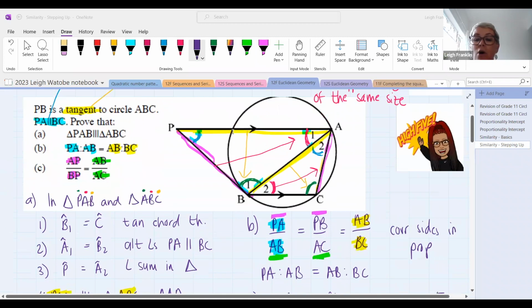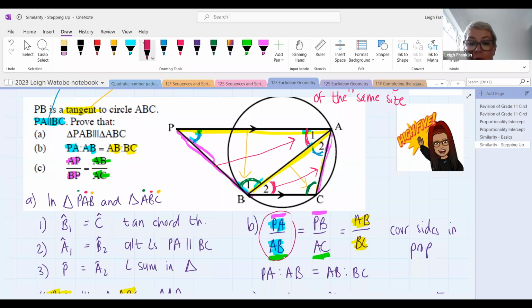Remember, corresponding sides are opposite angles of the same size. Do you remember I said that PA and AB corresponded with one another because they were both opposite angles of the same size? So that's why they are corresponding sides. PA is opposite B1, and AB was opposite angle C, and angle B1 and C are the same size.